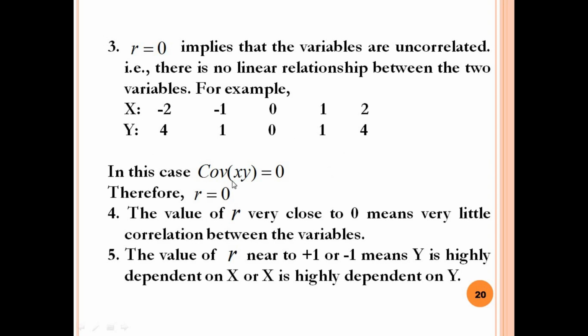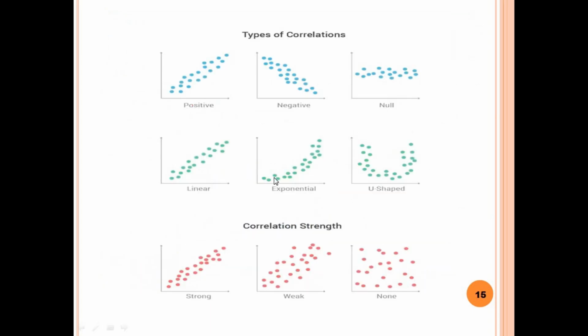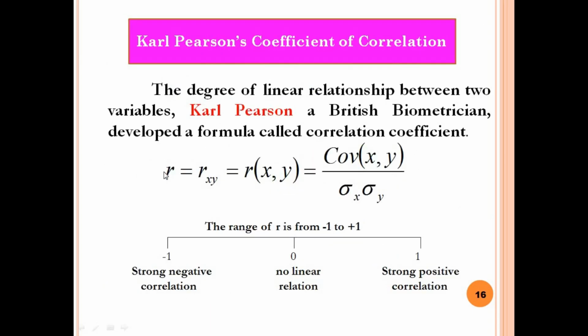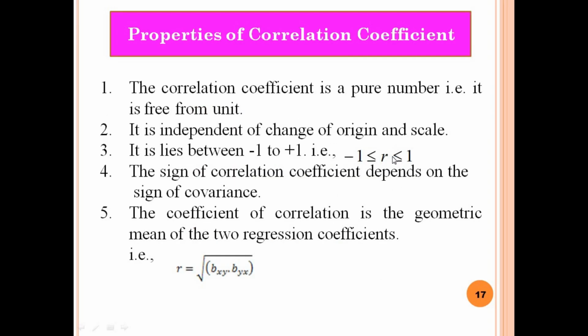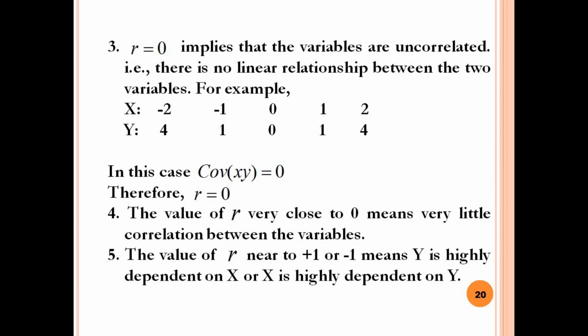In this case, if we find the covariance between these two variables, then we will get 0. Therefore, if covariance equal to 0, then what is the formula for correlation coefficient? Here you see r equal to covariance of xy by sigma x into sigma y. If this covariance equal to 0, then we will get r equal to 0.